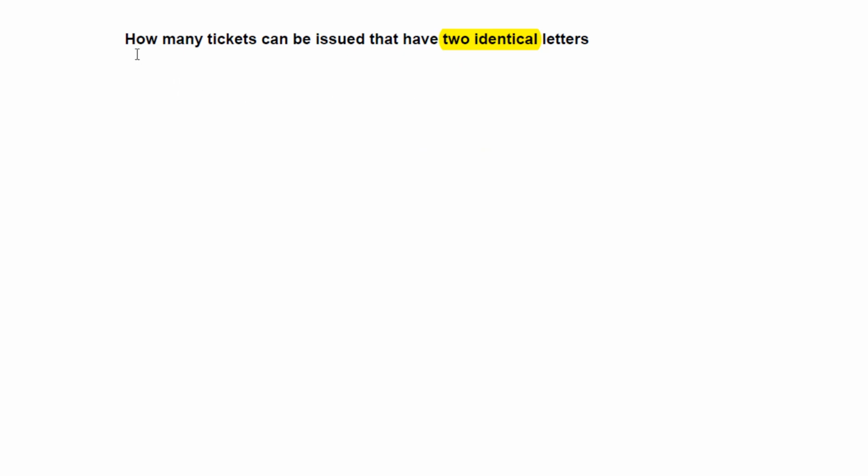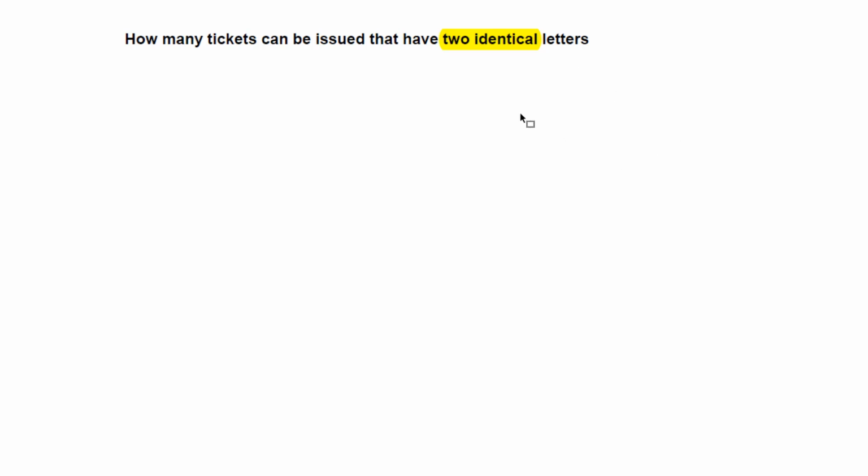So the question is, how many tickets can be issued that have 2 identical letters? If we remember from task 9, the difference between permutation with replacement and permutation without replacement gives us the number of sequences that have at least 2 identical letters.